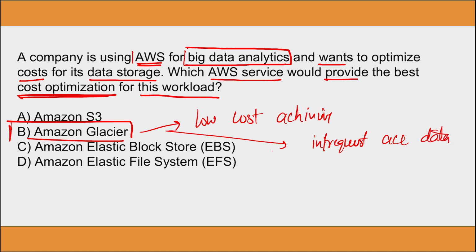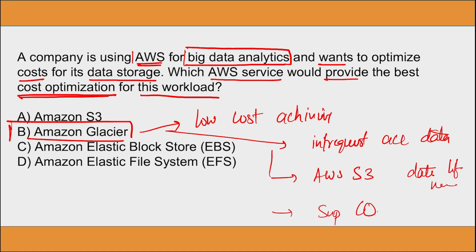And also it will integrate with AWS S3 for data lifecycle management, and it will also support cost optimization, right? So this is your Amazon Glacier. Correct? It will be best for big data analytics and it will optimize the cost for the data storage and also provide the best cost optimization for our workload.